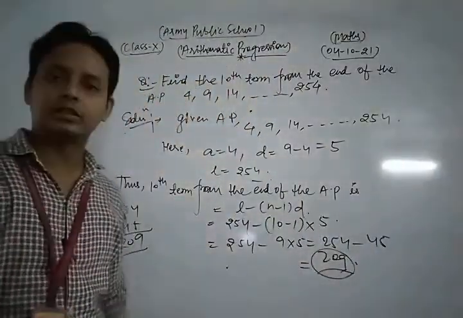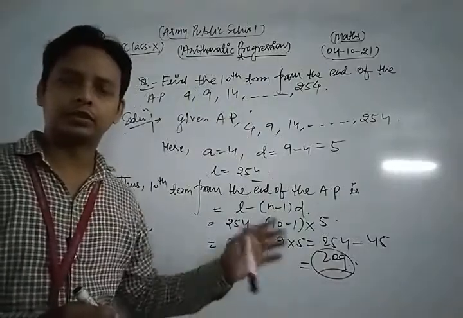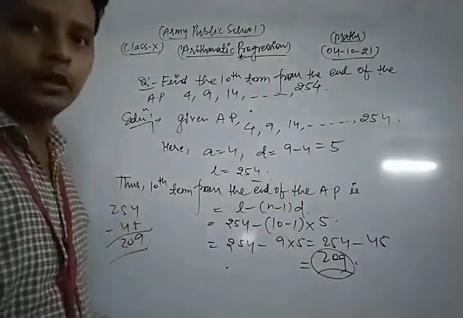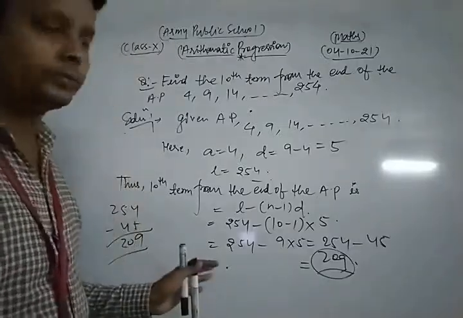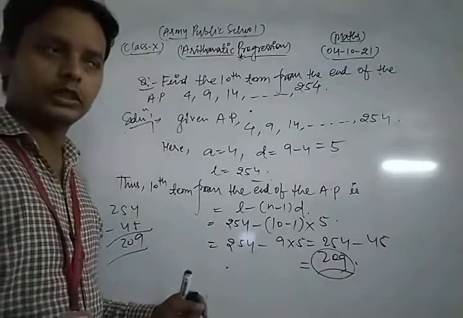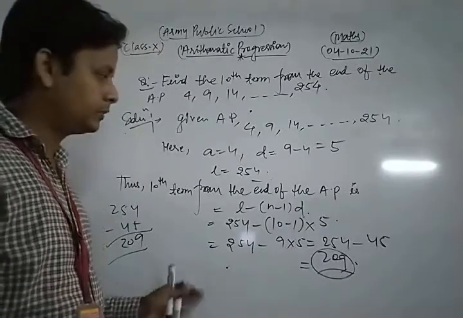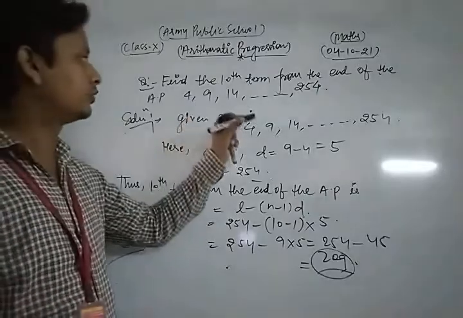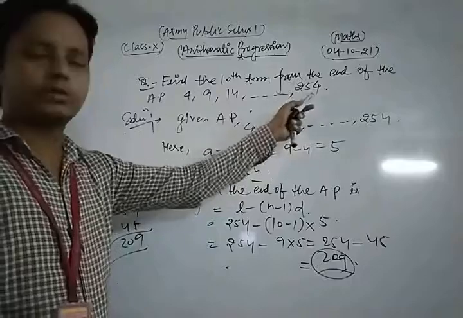So this is a very important question. Dear students, please do more and more practice of this type of question, and after that you can solve each and every question of your NCERT exercise based on these topics. Here we find the 10th term from the end of the AP, where the last term is given as 254.